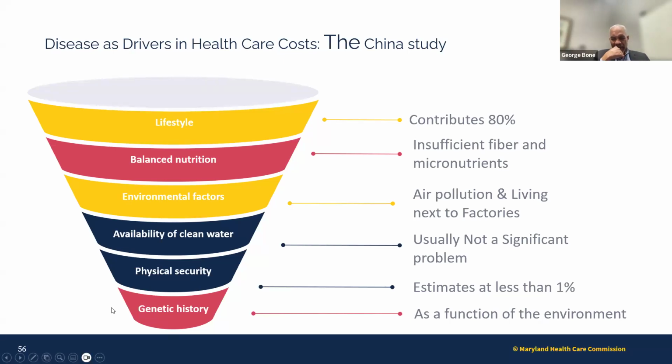And when we look at what drives disease, you can look at the genetic history, you can look at physical security, clean water, environmental factors, balanced nutrition and lifestyle. And here in the US, we are all survivors. We come from a very strong genetic stock.